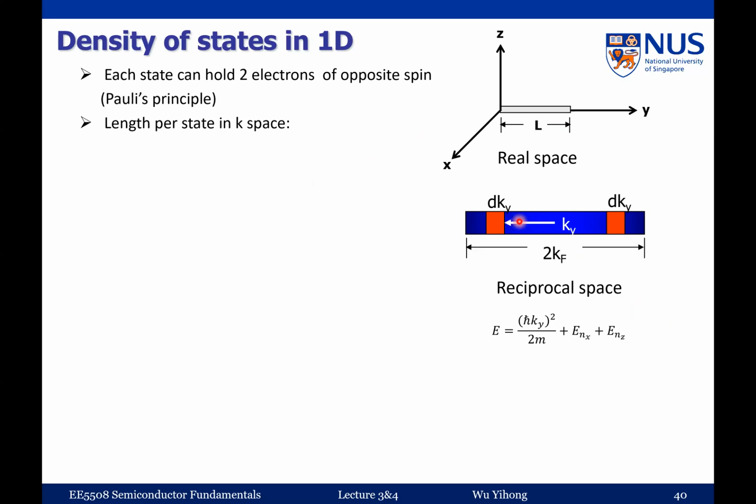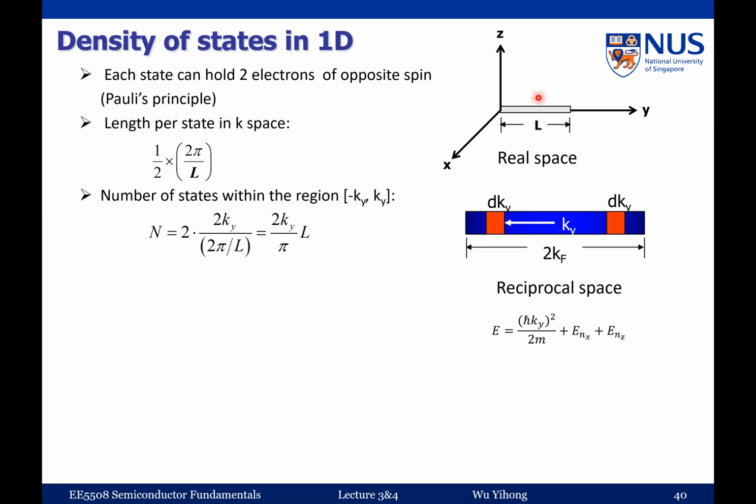So within this 2Ky region, the number of electrons in this region will be 2Ky divided by 2 pi over L, right? So that eventually is given by this: 2Ky divided by the interval occupied by one electron.